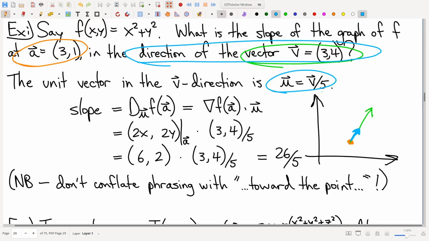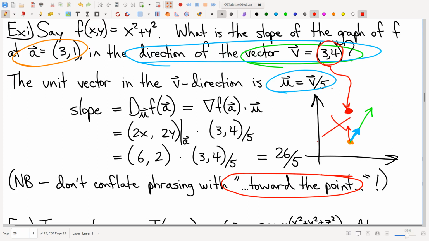If you misinterpret this as a point, the point 3, 4 is about right there. And if you mistakenly interpret as toward the point, then you'll go that way, which is wrong. You'll go in the wrong direction. Right? So heads up, be careful. As much as we notationally conflate points and vectors for convenience, don't lose sight of the fact that they're not the same thing. And if it says vector, you have to interpret appropriate to what is a vector. Okay, heads up on that.